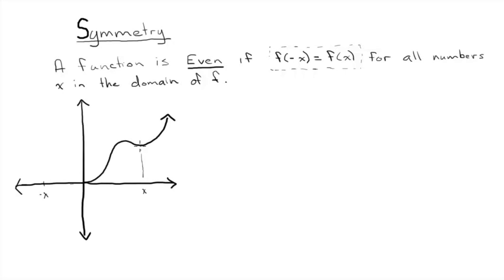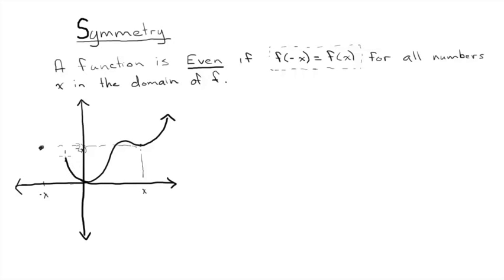These two values, this is f at x, must be the same as over here. So this point here must be mirrored over here, and that's true for all the points. What you end up with is sort of a mirror image.